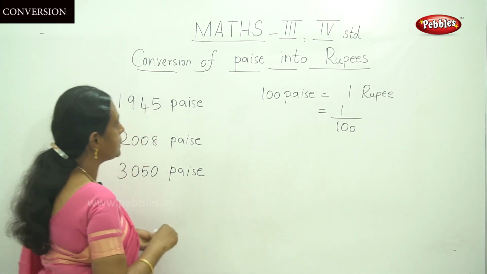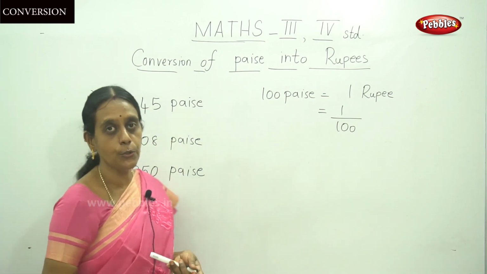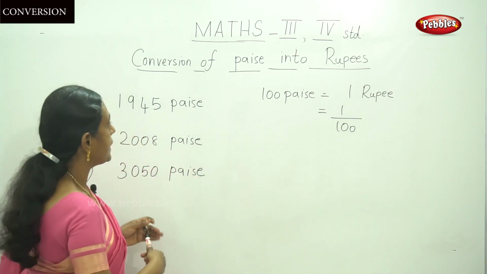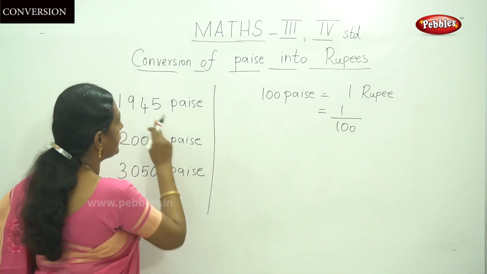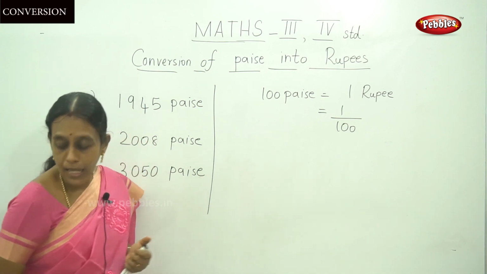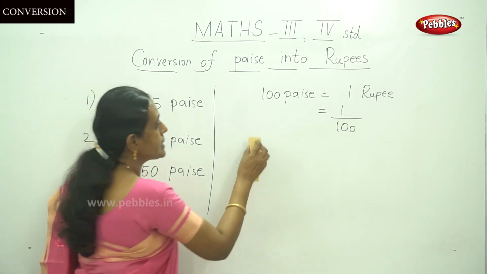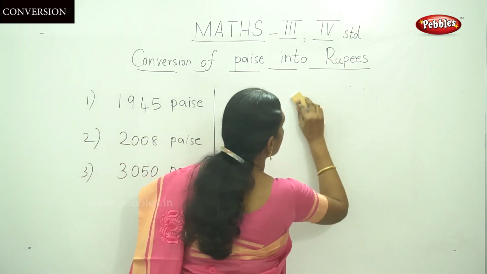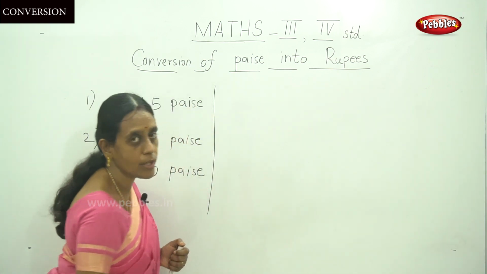How to convert these numbers into rupees? You have to divide the number, 1945, by 100.